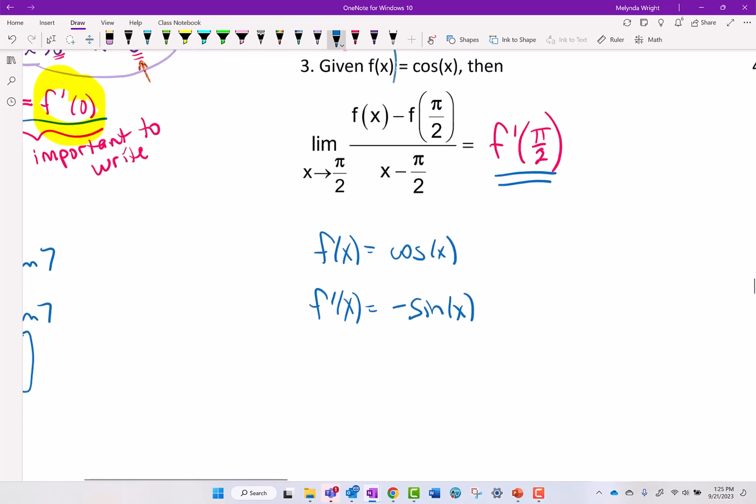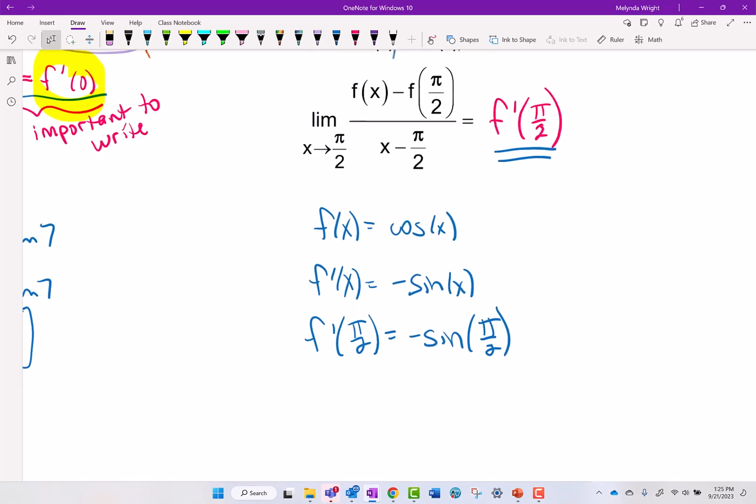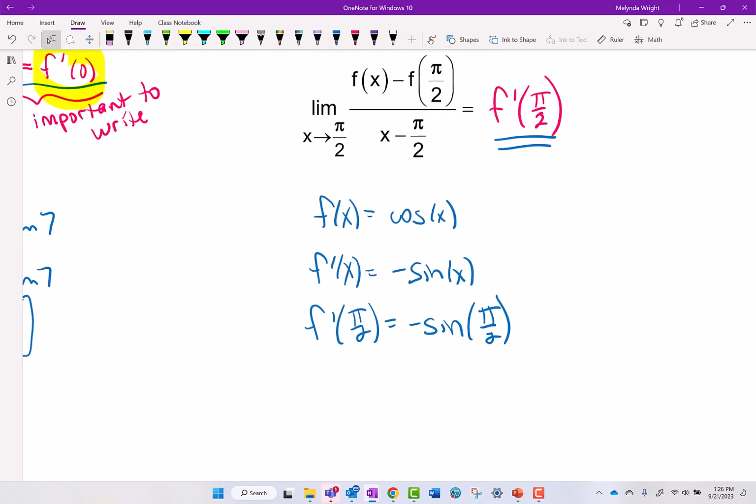Then I sub in f prime of pi over 2. So that's negative sine of pi over 2. This is a unit circle value, which we are all really good at, hopefully by now. Sine of pi over 2 is 1, so negative 1 times 1 is negative 1. So f prime of pi over 2 equals negative 1.